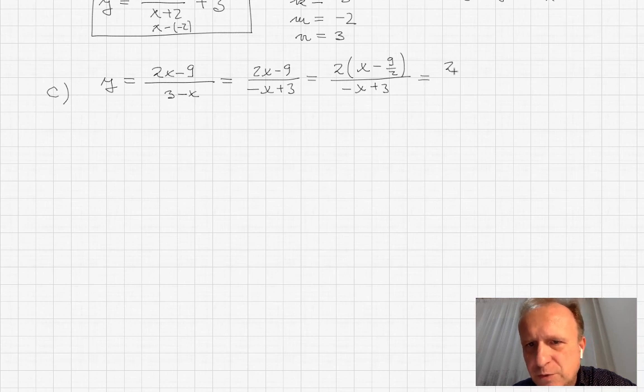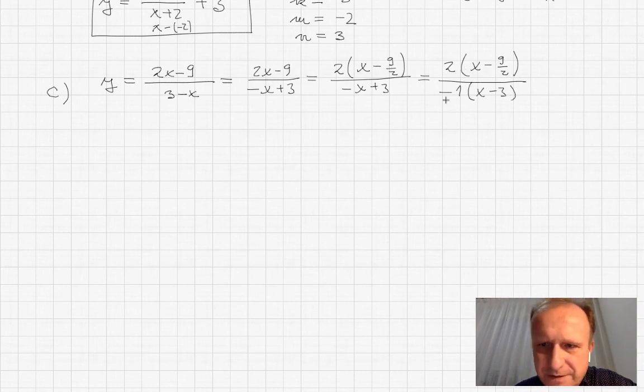So it's just 2 times x minus 9 halves divided by minus 1 times x minus 3. And now you see that it can be rewritten by taking out number negative 2 in front. So it's negative 2 times x minus 9 halves over x minus 3.